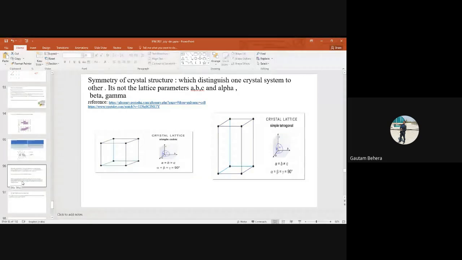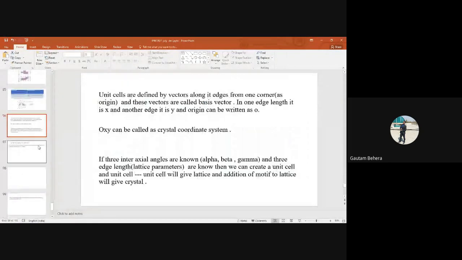Then if you can generate a unit cell, what can you generate at the end? A crystal, obviously, because I told you the unit cell is the smallest building block of a crystal, which repeats in 3 dimensions to give rise to a crystal structure.